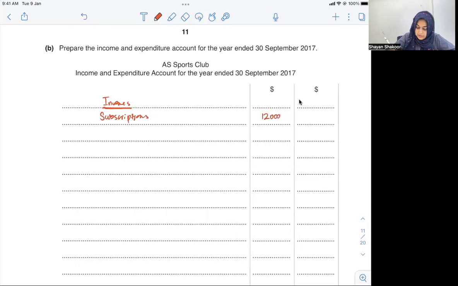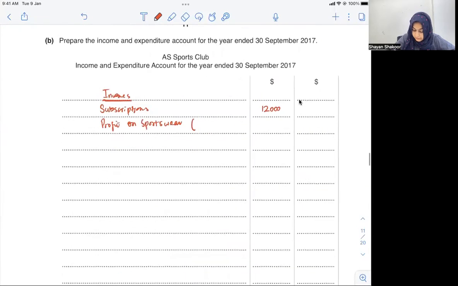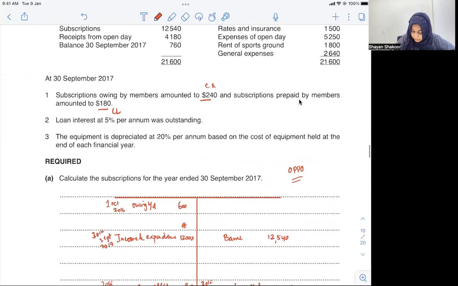So subscriptions is 12,000, and then we have profit on sportswear. Profit on sportswear is basically you need to subtract two values. Sale of sportswear is 3,510 minus purchase of sportswear is 2,410.